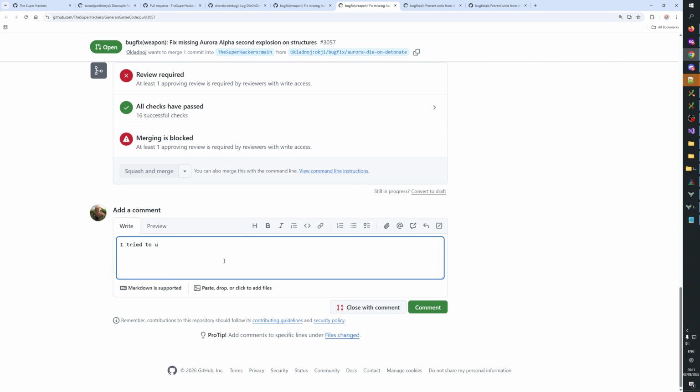I tried to understand what the root problem is from the description. Let's just say I do not understand what the root problem is from the given description.